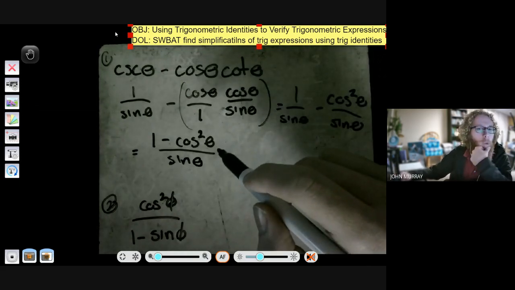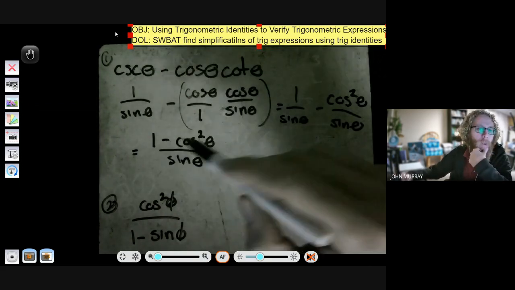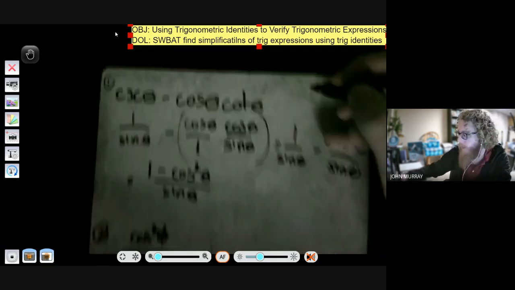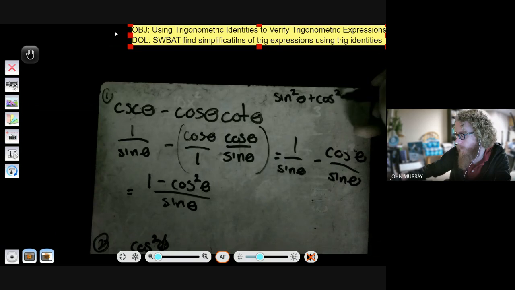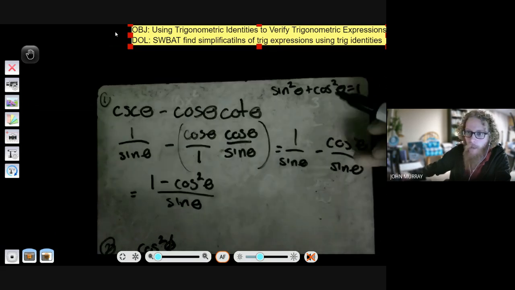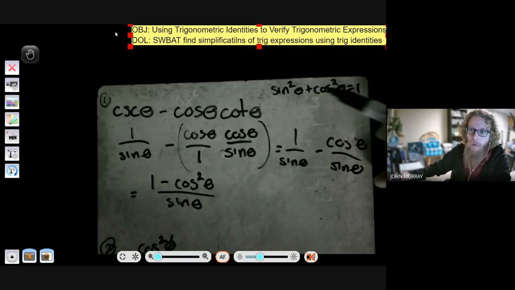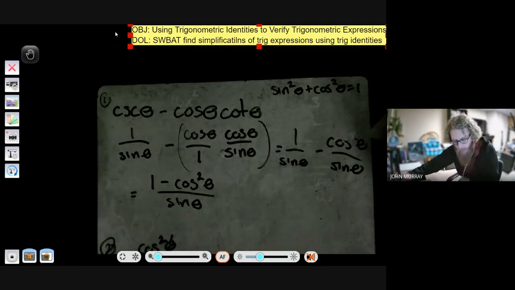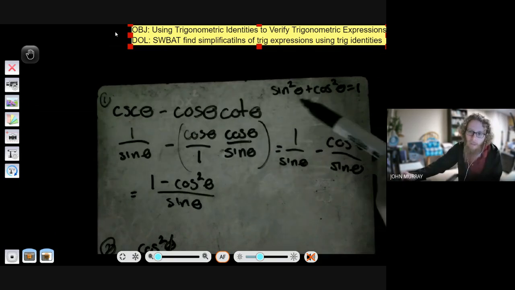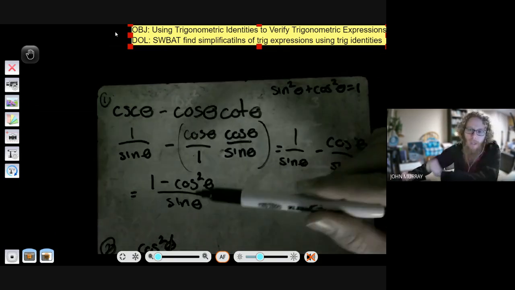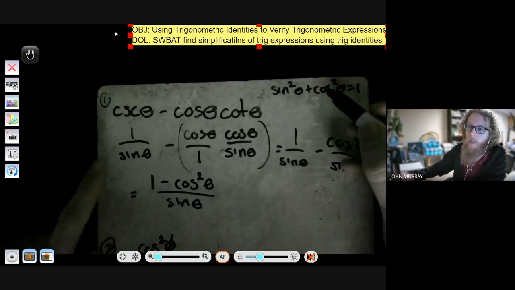Well, before I didn't have to worry about Pythagorean, but I have a 1 and a cosine squared. One of the things we have to worry about is sometimes we have to manipulate our Pythagorean identities, right? So I can't just substitute in anything right now because I don't have 1 minus cosine.